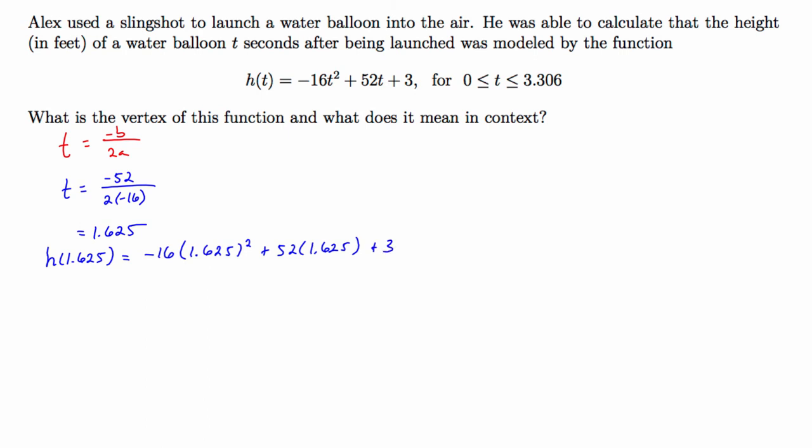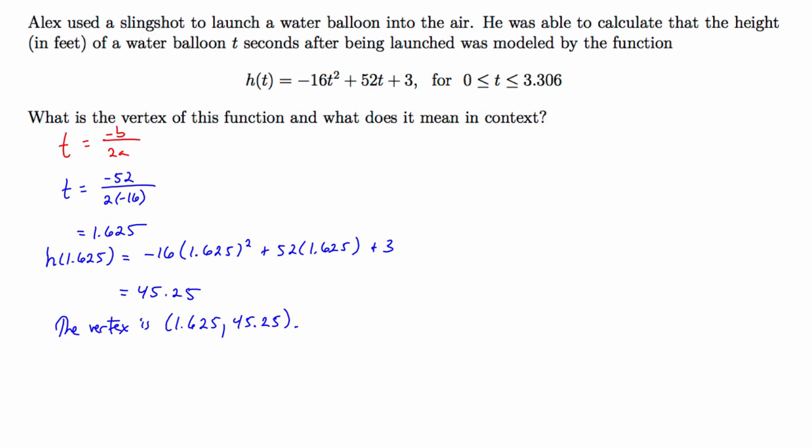And putting all of that into a calculator, we find that h of 1.625 equals 45.25. So the vertex of this function will be the point 1.625, 45.25.